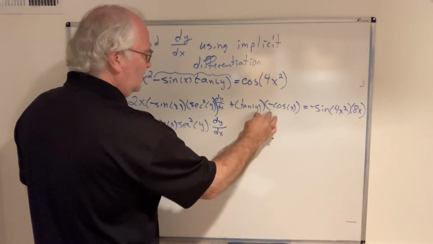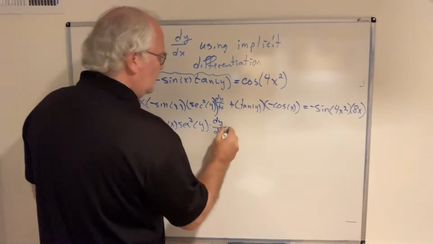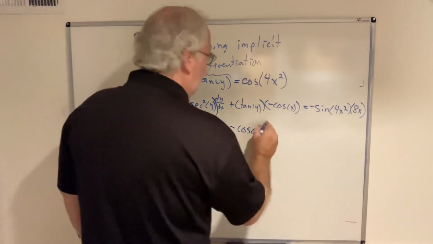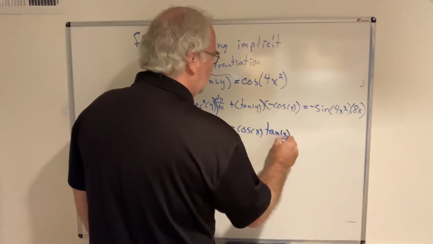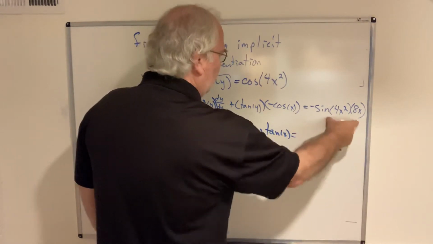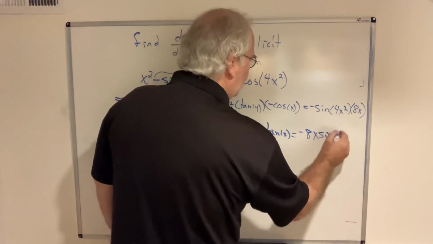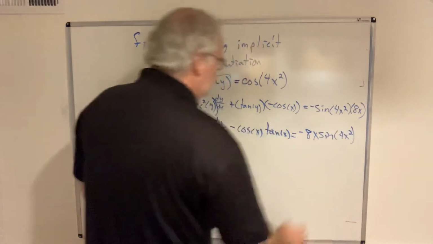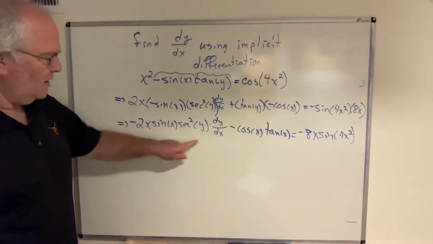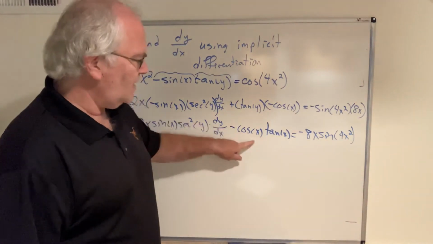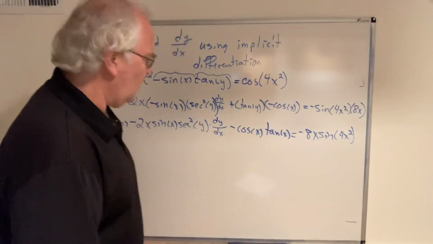And then this is minus cosine of x tangent of y is equal to, let's combine all this, negative 8x sine of 4x squared. All right, so we have one term with dy dx. We have a term without dy dx and a term without dy dx.